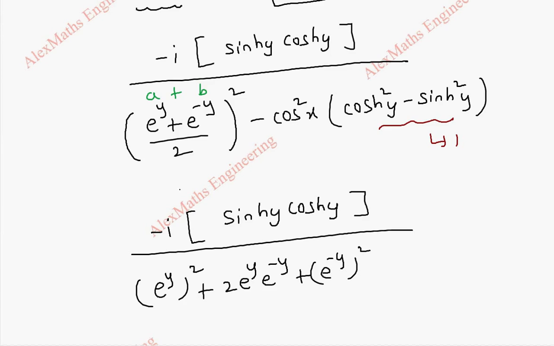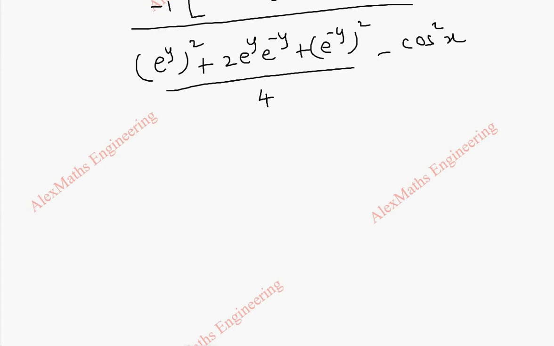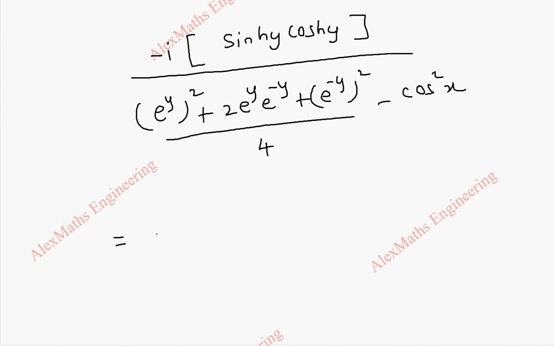Then we have whole division 4, and this is minus cos square x. After that we are going to take LCM. So minus i into sinh y cosh y whole division.